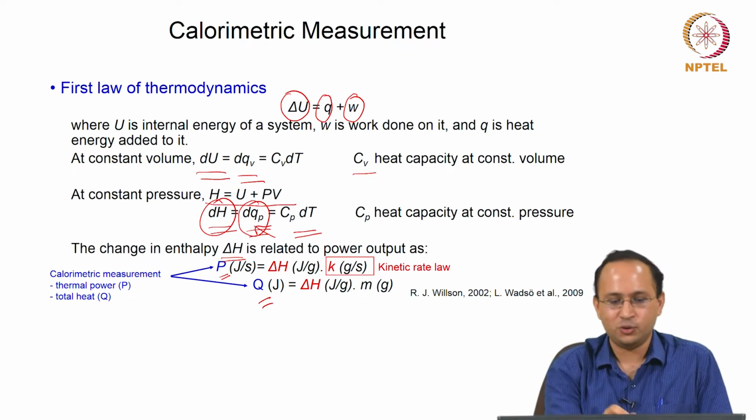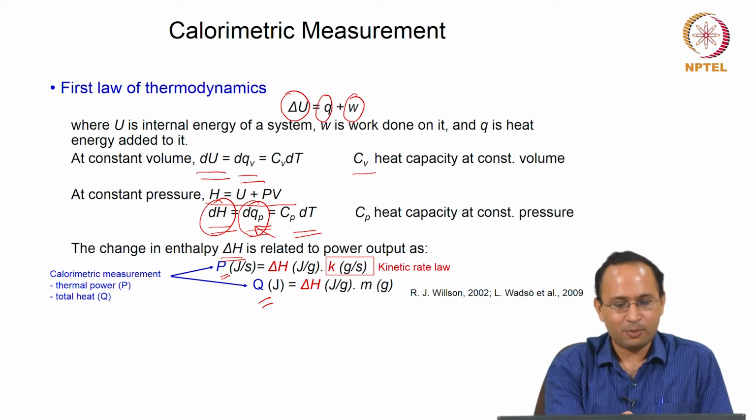So power in joule per second can be equated to delta H, which is enthalpy in joule per gram, times this rate K, for example. It tells you about the kinetics. You see the units are gram per second, how fast the reaction is happening.